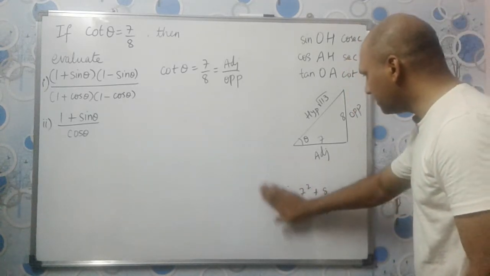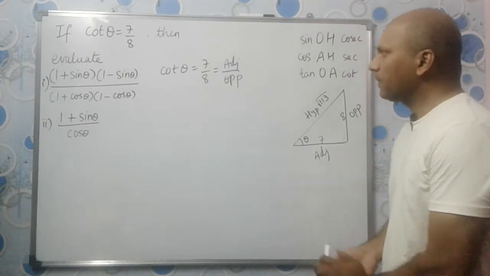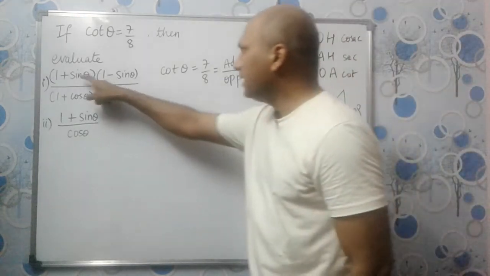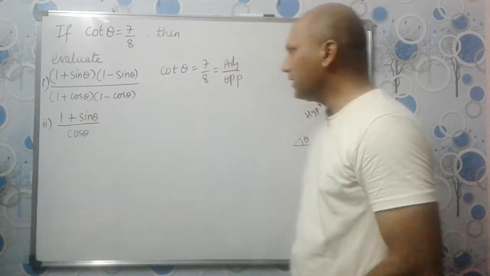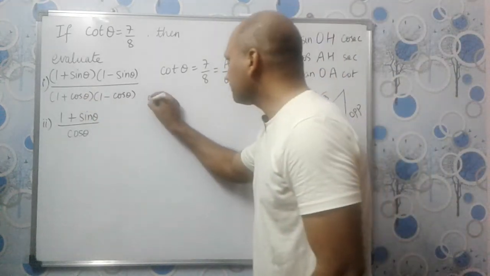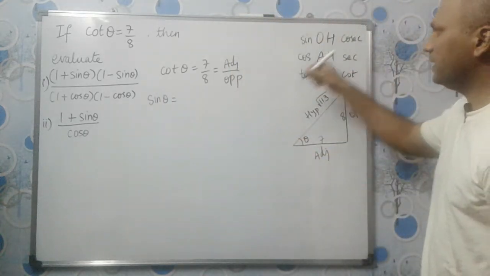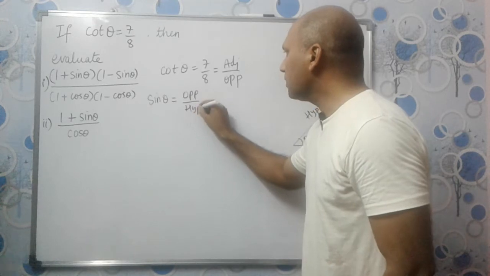I hope you understood this. Let me rub this. I have a small board. Now let us find sine theta, because in the first bit we need sine and we need cos also, right? What is the sine formula? O by H, that is opposite divided by hypotenuse.